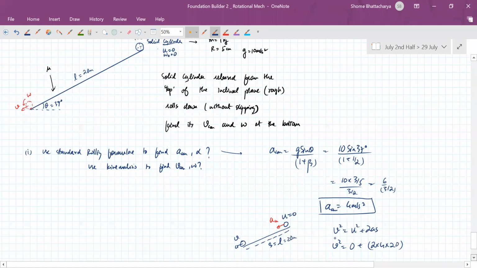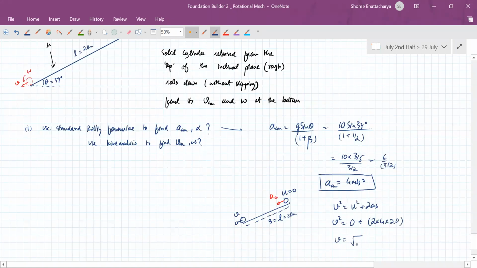How much will V become? Sir, can we find VCM by R omega also? No, how will we find it from R omega? For that we'll need to calculate omega first. It's the other way around. We'll find VCM from this, and from that we'll find R omega.